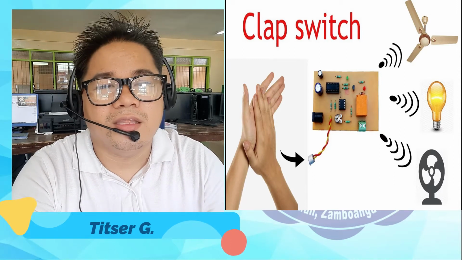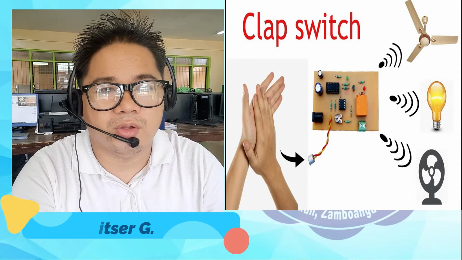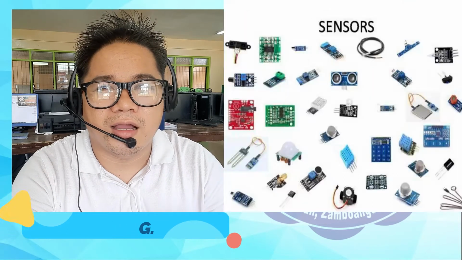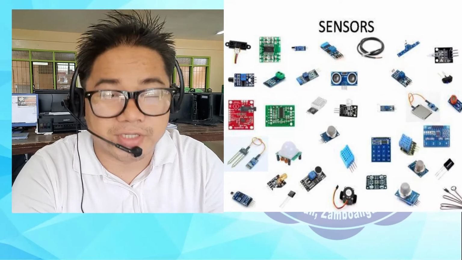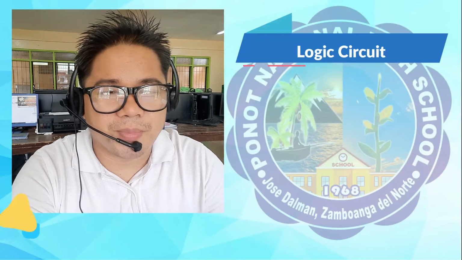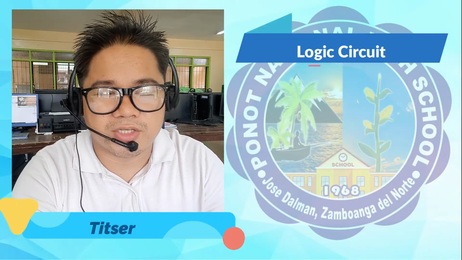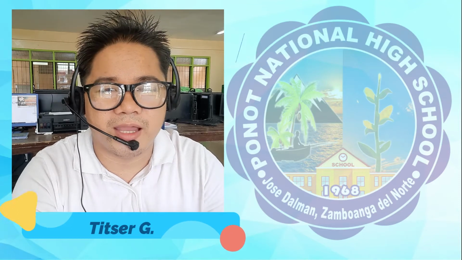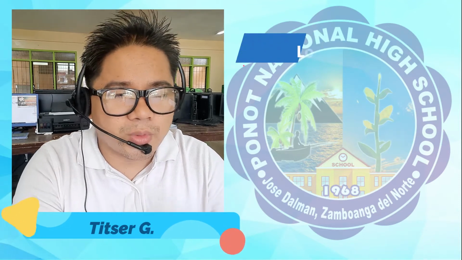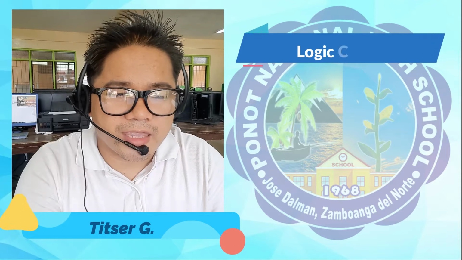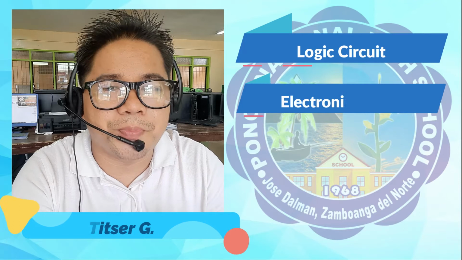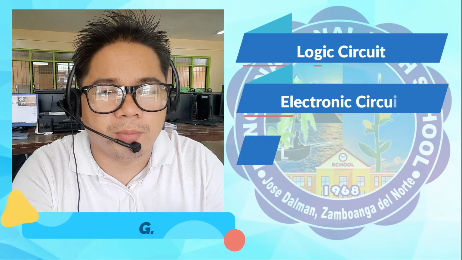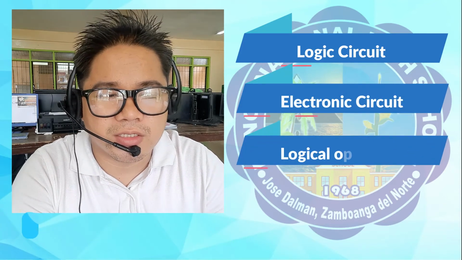Actually, we can do that. Those are done through the use of different sensors and logic circuits. So today's topic is all about the logic circuit. Let us start first from the basics. When you say logic circuit, it is an electronic circuit used in computers to perform logical operations.